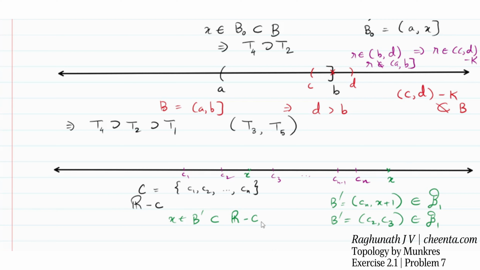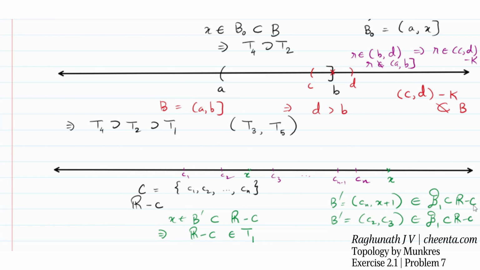So then it is trivial that R minus C belongs to the topology T1, because I can just take the arbitrary union of all such B primes, which will form R minus C, because every B prime is a subset of R minus C.